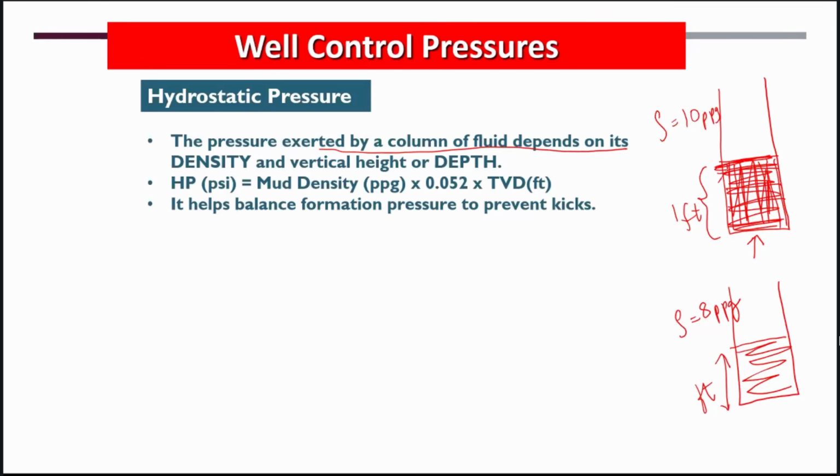Obviously, the one which is heavy, having high density, will have high pressure. If density is high, your hydrostatic pressure is also high. If density is low, your hydrostatic pressure is also low.